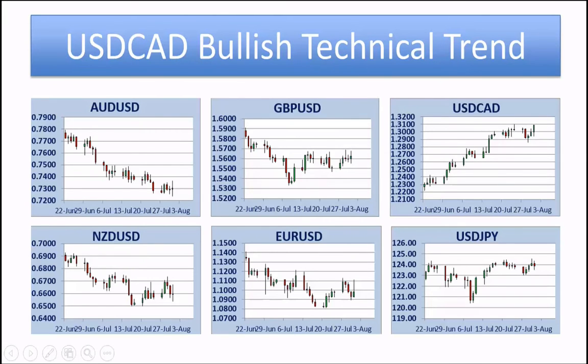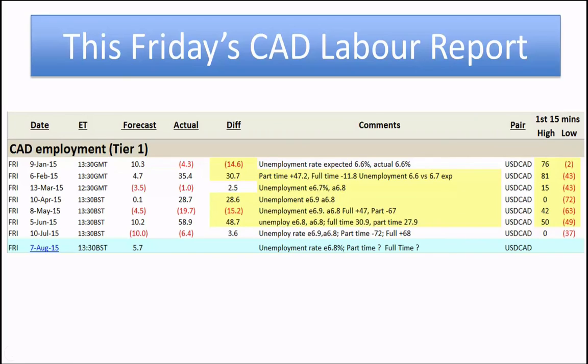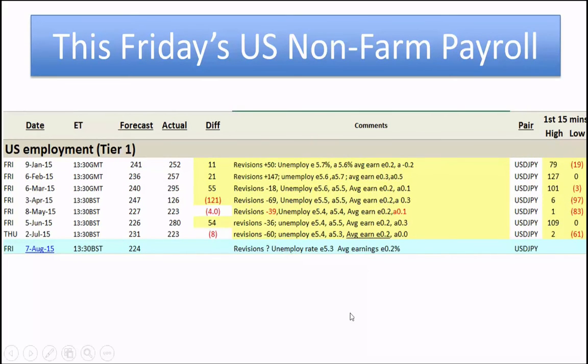Now one thing to worry about when it comes Friday, this coming Friday, August the 7th, is we have the Canada Labor Report. That's their employment report. And looking at the year so far, every month in the first 15 minutes after that report, we've seen a pretty significant move. So we want to be careful with that. And at the same time, that's going to be released on Friday, we also have the U.S. non-farm payroll, and we know that can be a big mover.